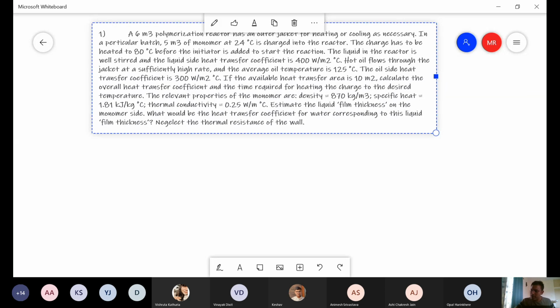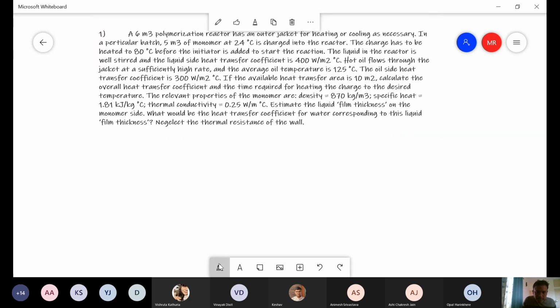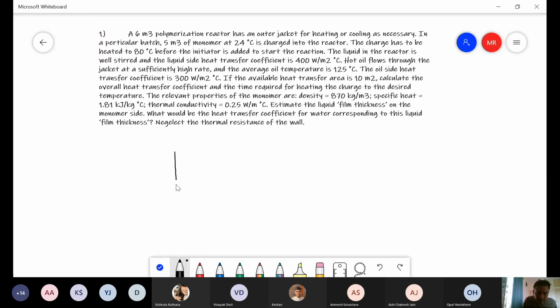Okay, so what has been given is a reactor. Maybe the reactor is something like this. There is a reactor like this, isn't it? So the monomer is there. And outside this reactor, there is a jacket.